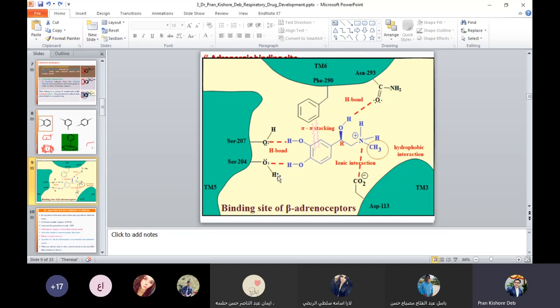The OH group that is attached to the benzene ring. When the phenolic OHs are in the catechol form, they can form 2 important hydrogen bonds with serine 207 and 204. For the aromatic OH, that is the phenolic OH, to form 2 hydrogen bonds, they must remain in the catechol form. Yes or not? Yes. Okay.